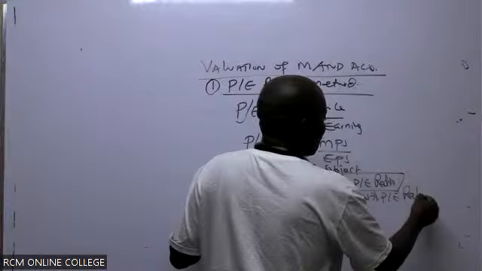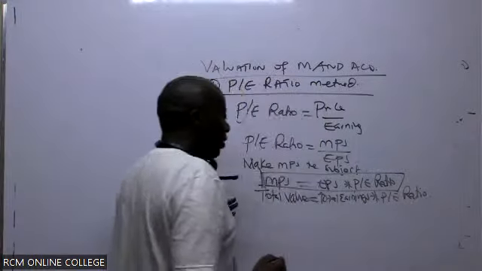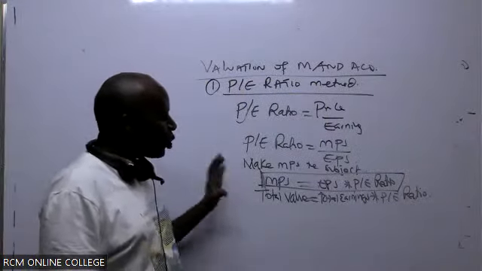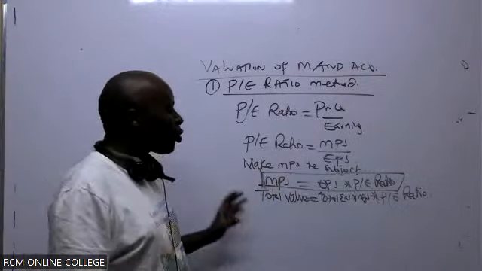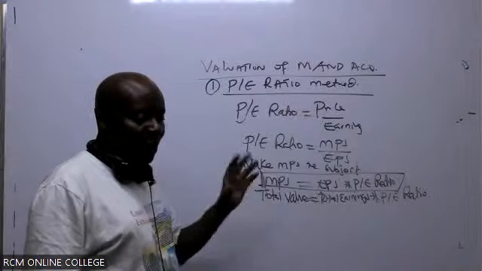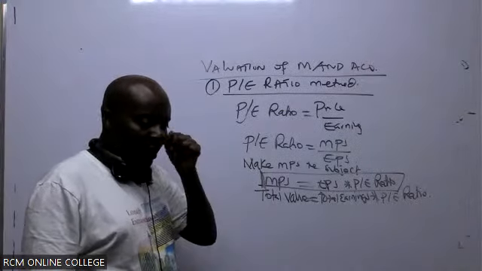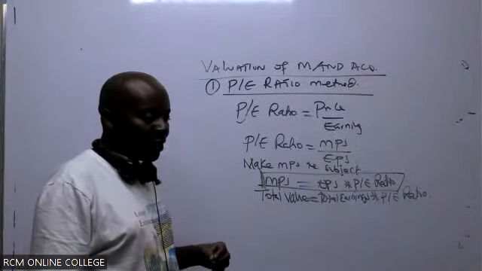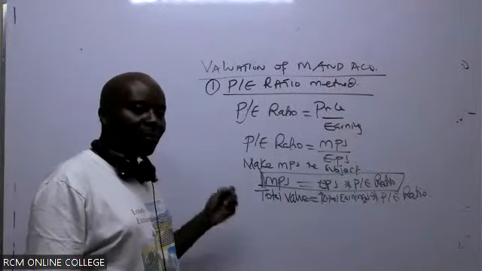Anytime they want us to give them total firm value, you will take total earnings times PE ratio.